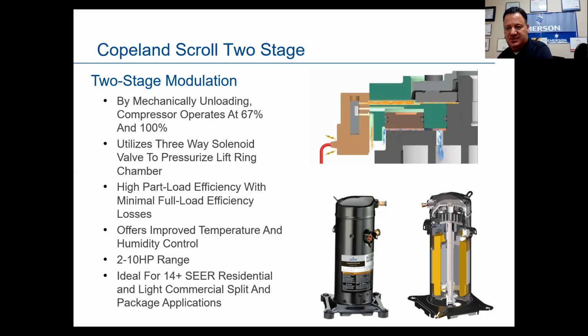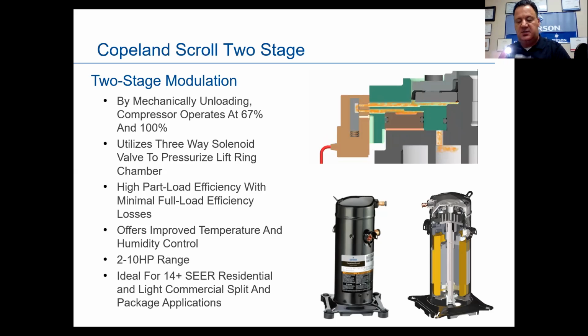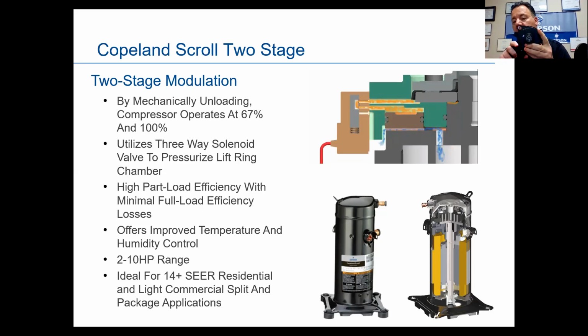I attempted this earlier and it seemed to be okay. You can't really tell, but there's 3 little holes in the top of the fixed scroll. There you go. You can see my light coming through there. There's 3 little bleeder holes on both sides. And they're in the medium area of that fixed scroll.